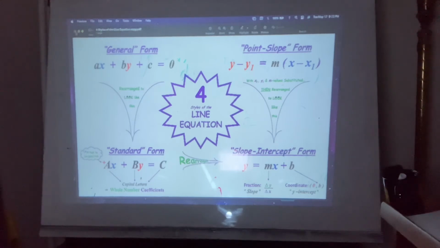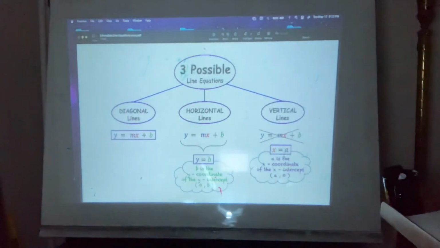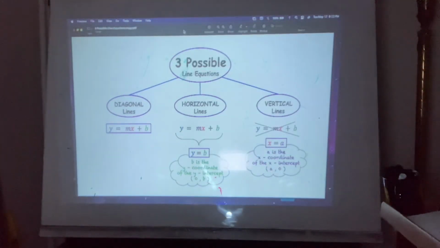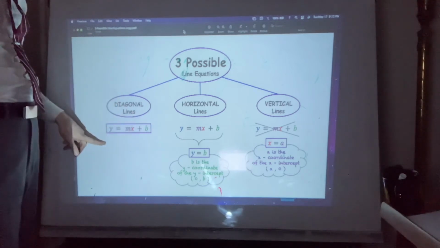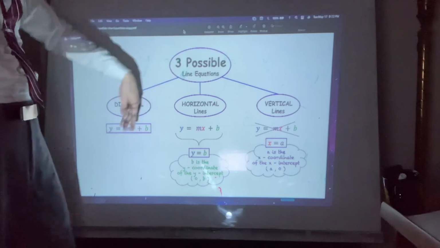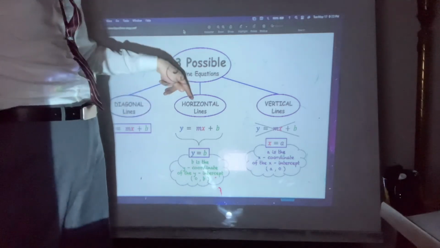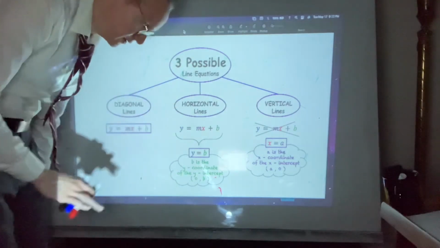if you had to write equations, just so you are aware, all right, here's 3 possibilities. When you have diagonal lines, they're the most complicated. There'd be the y equals mx plus b version. If you had to write an equation that is representing a horizontal line or a vertical line, it's a lot less complicated.